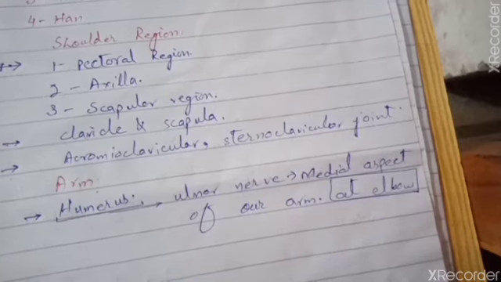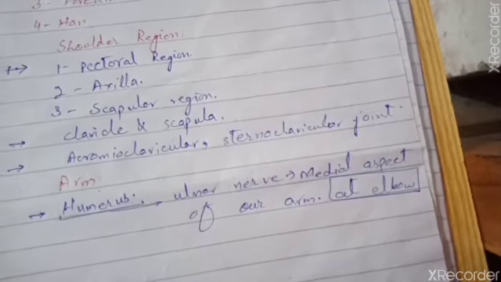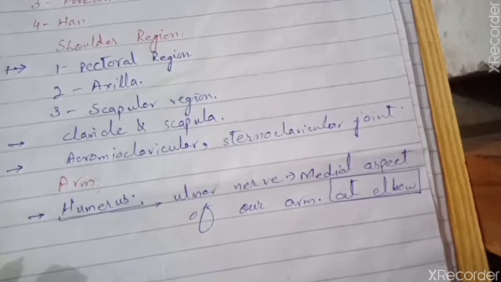After the bone we talk about its joint. Its joint is obviously the shoulder joint. It is also called the glenohumeral joint.